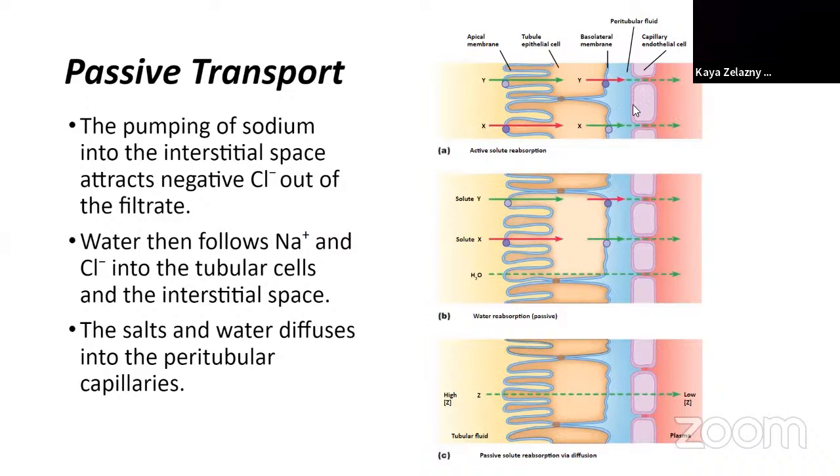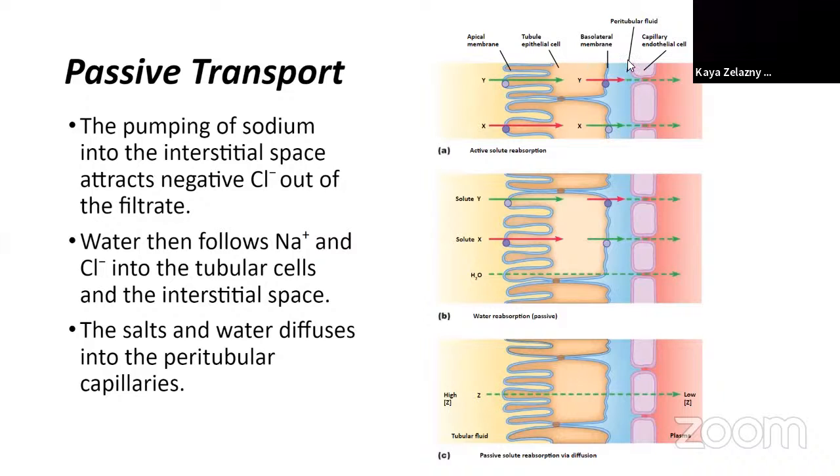So we're building up solute concentration over here in the peritubular space and essentially in the blood as well. What's going on with the chloride ions has to do with their charges. The chloride ions are negative, our sodium ions are positive. So that electric charge is drawing chloride ions out of the filtrate to follow along with the sodium ions.